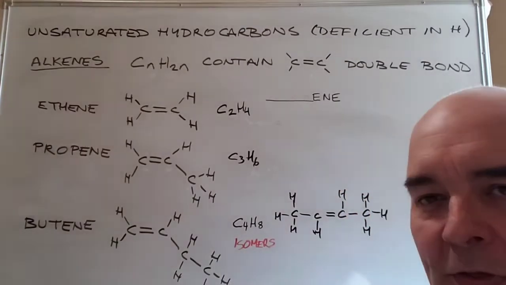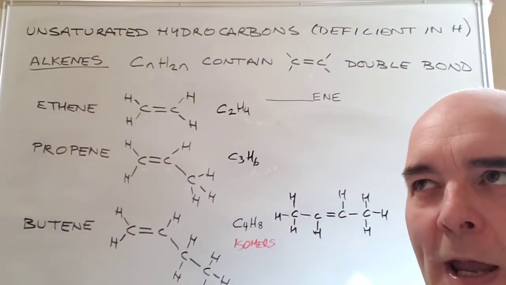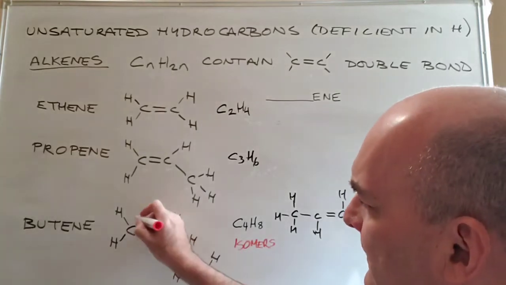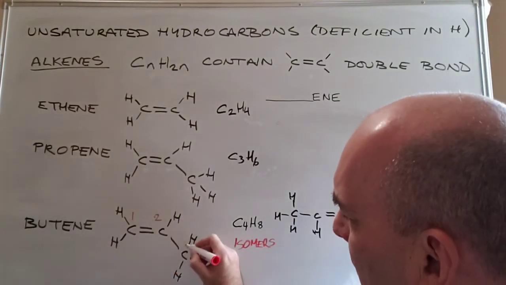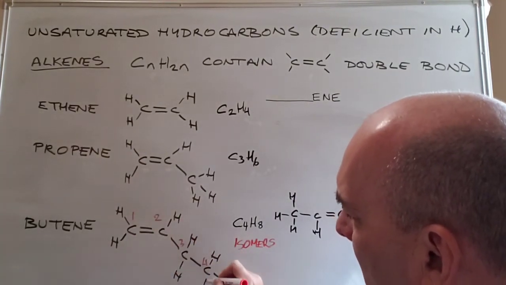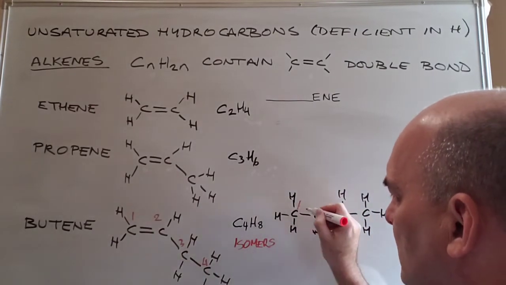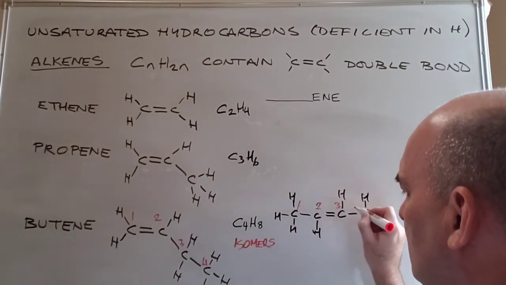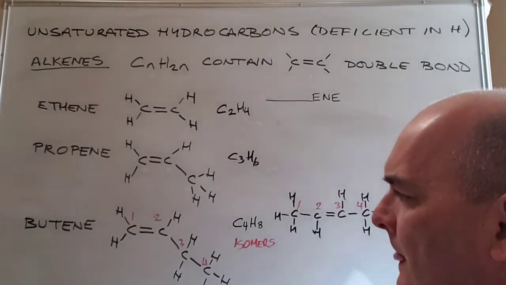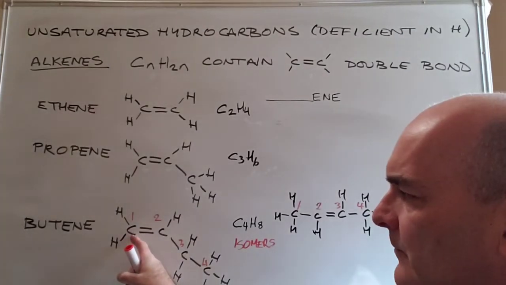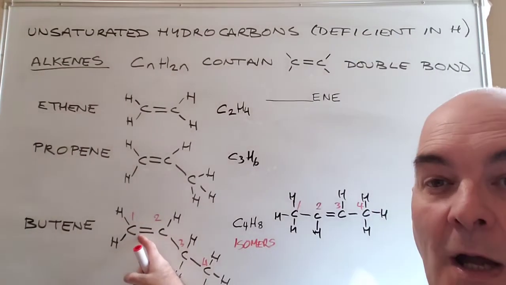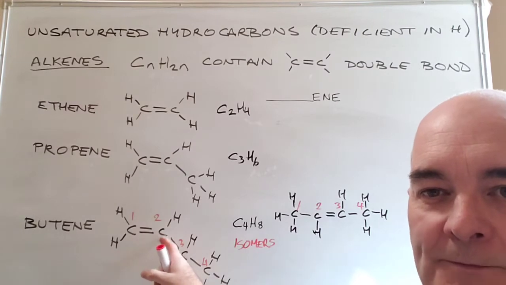And so we have to think of a way of telling them apart. If we go ahead and number the carbons in the chain, we see that here the double bond starts at carbon number 1.